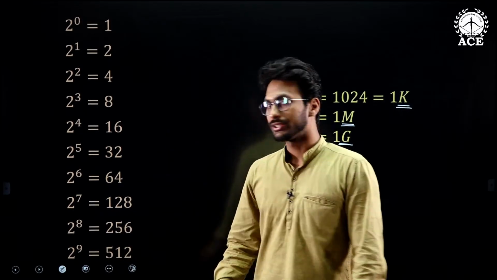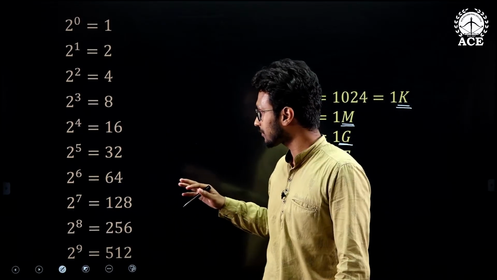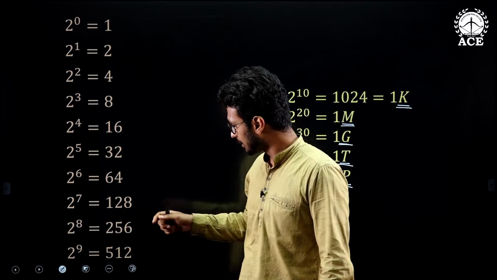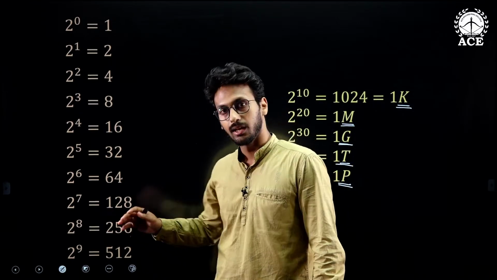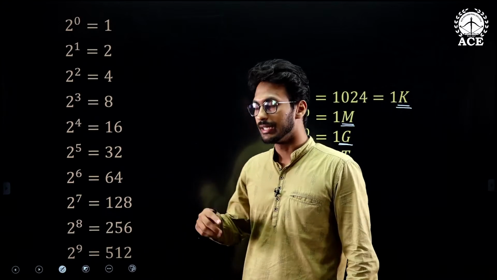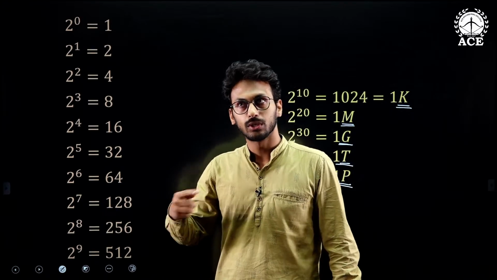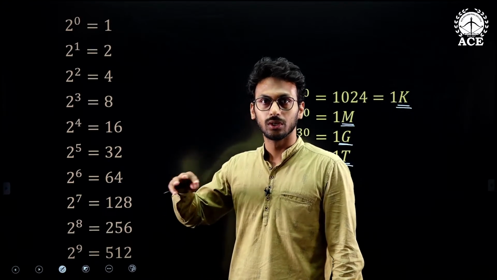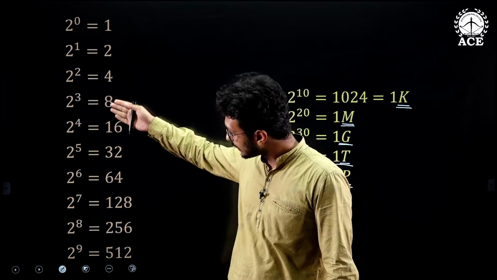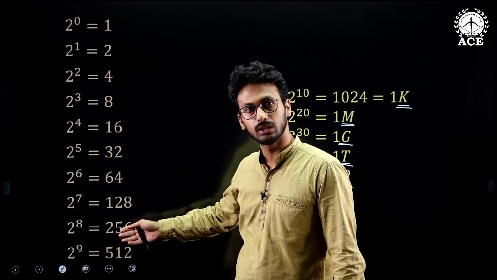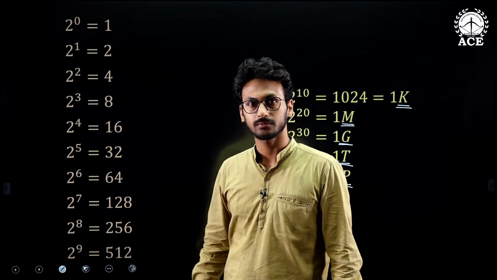Now, one interesting thing which I have noticed is, whenever you get something like 256, most of the students will start counting from the first: 2 raised to 1 is 2, 2 raised to 2 is 4, 2 raised to 3 is 8, so on, they'll keep on counting till they encounter 256.